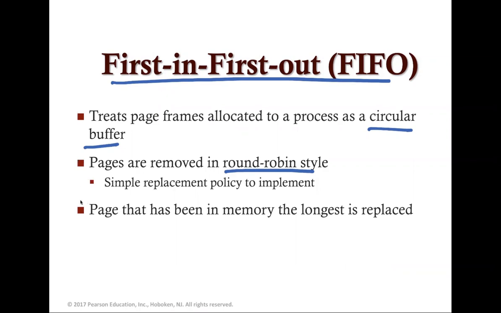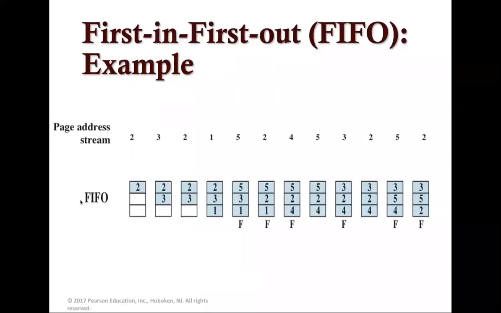So let's see how the first in, first out strategy works for the same page stream. Again, we start with 2. Keep in mind, it works as a circular buffer, and pages are removed in a round robin style.